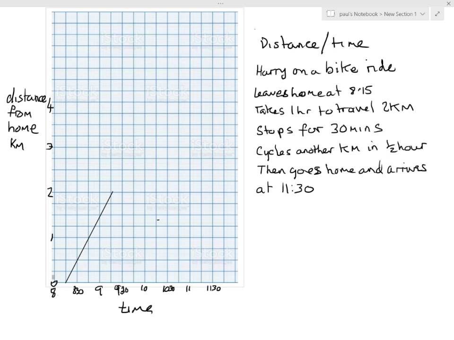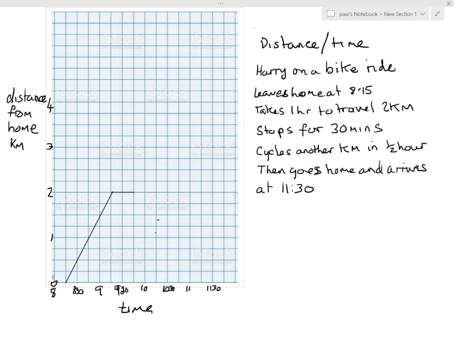Then next bit, he stops for 30 minutes. So when you stop, you're not going any further away or closer to home. So it's going to be a horizontal line that represents 30 minutes of time passing. So that's from 9:15 to 9:45. So we need to do a little line like that.